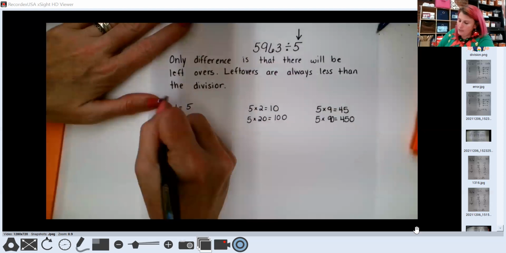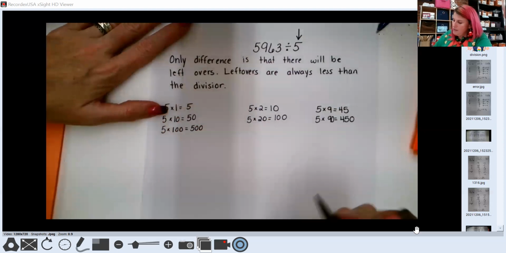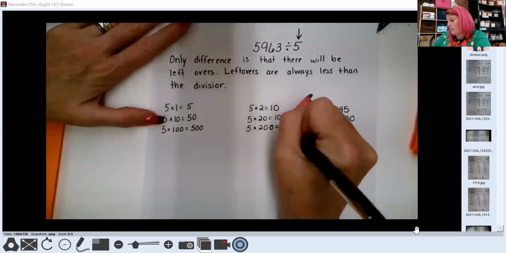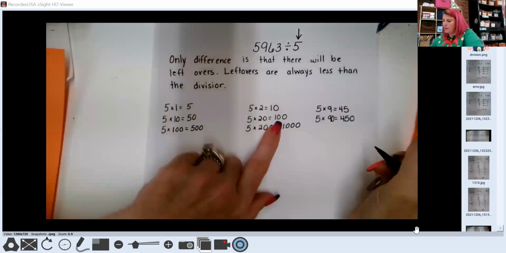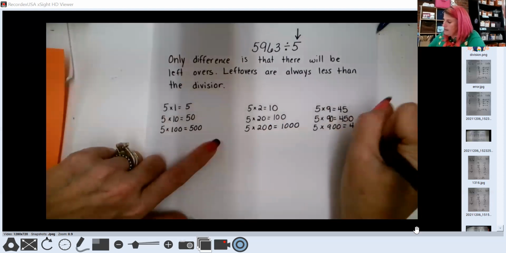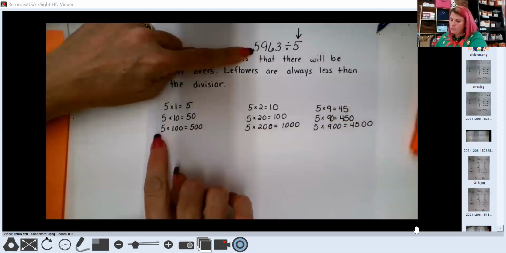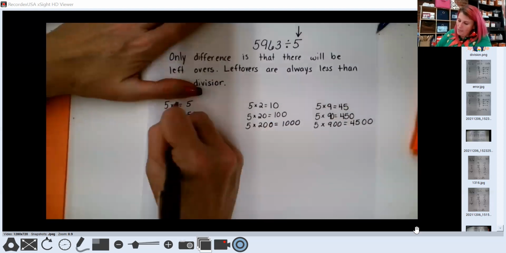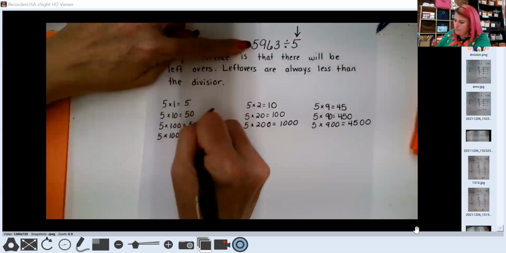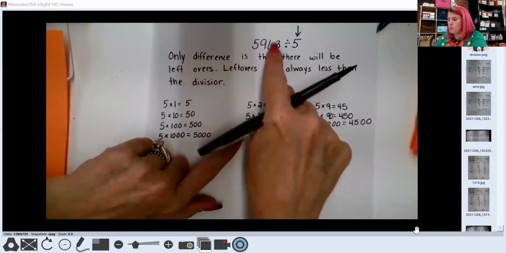So 5 times 100 equals 500. 5 times 200 equals 1,000. And then 5 times 900 equals 4,500, which is pretty darn close. If I go to 5 times 1,000, I can still do that because that's 5,000. I'm going to stop there because 5 times 2,000 would be 10,000, which is way bigger.